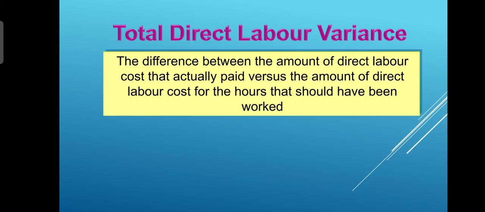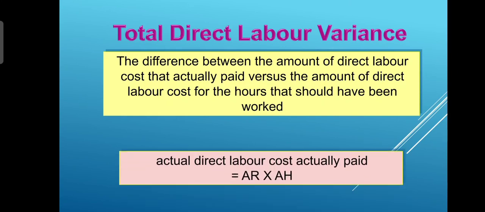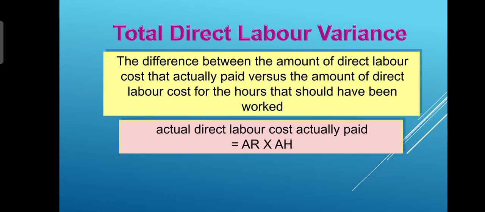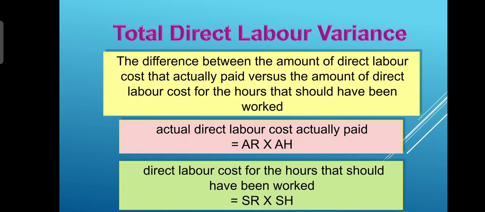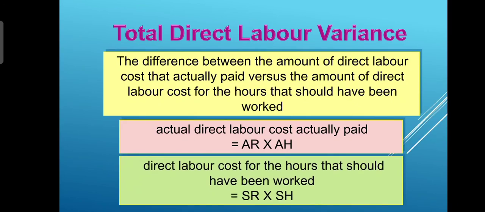Total direct labor variance can also be calculated by comparing between the amount of direct labor cost that actually paid with the amount of direct labor cost for the hours that should have been paid. That is ARAH minus SRSH.